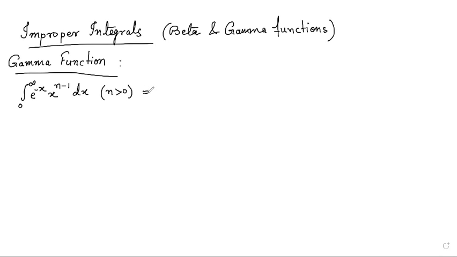It is known as the gamma function and is denoted by gamma n, the gamma function of order n. Look at the structure of the improper integral: integral 0 to infinity e to the power of minus x, x to the power of n minus 1. Then we say that it is gamma n.